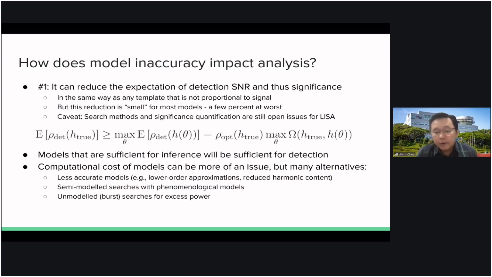However, there are many workarounds, such as using less accurate models, which may employ lower order approximations or have reduced harmonic content. There are also semi-modeled approaches to search, where both the models and the parameters that can be used are phenomenological in nature. And if the signals are loud enough, there's even the possibility of unmodeled searches, also called burst searches, where you search for simply excess power in the data.